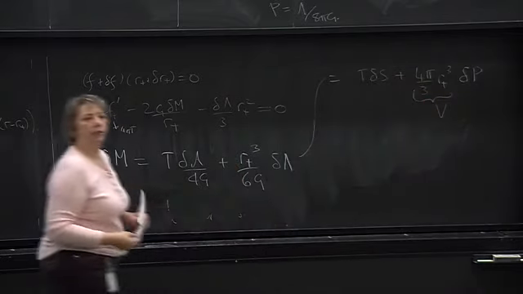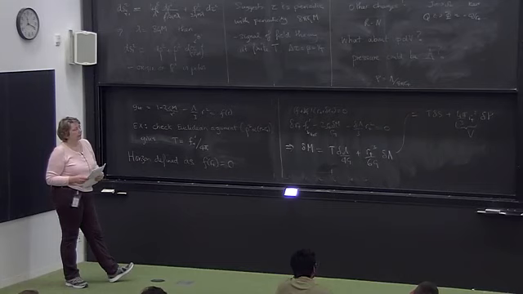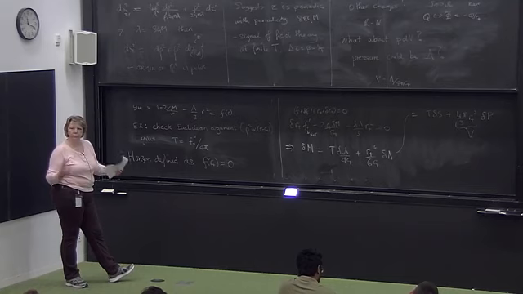If I substitute P for lambda over 8 pi G, then what I'm left with is T delta S plus 4/3 pi r cubed delta P. And of course, that 4/3 pi r cubed is like a geometric volume inside the event horizon.